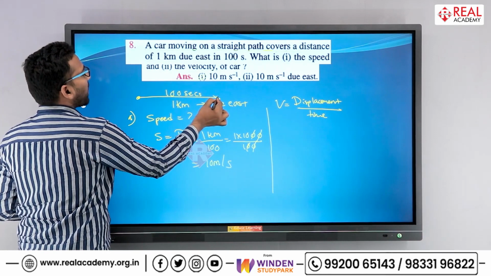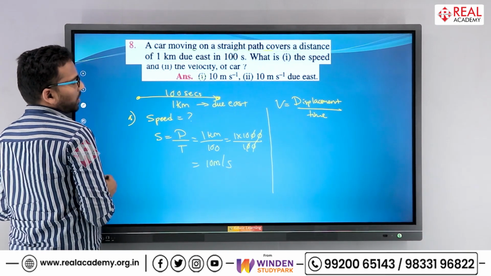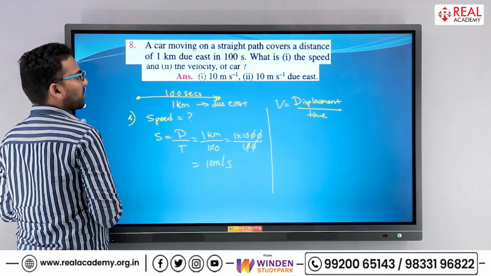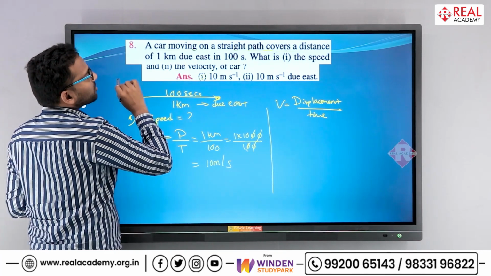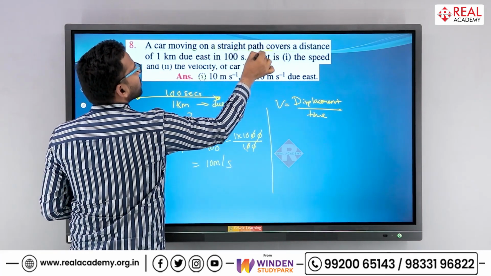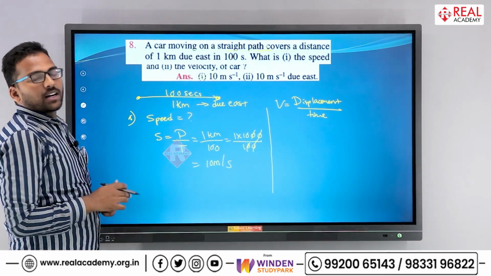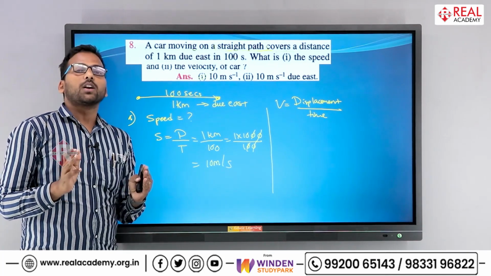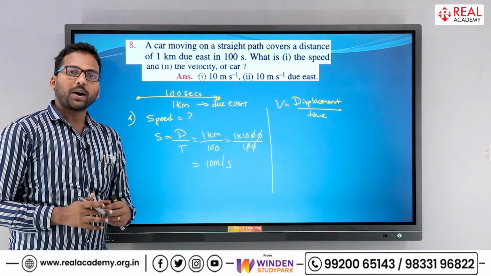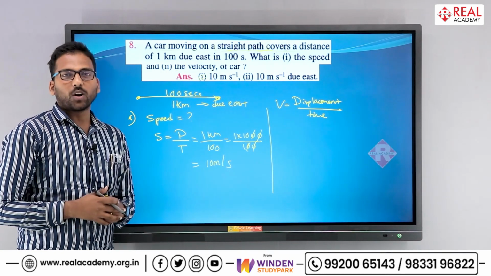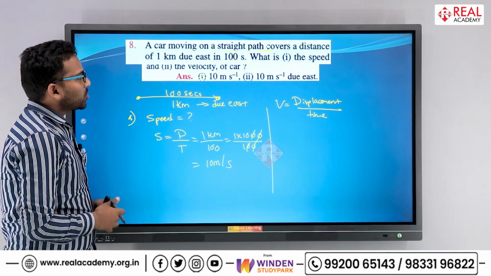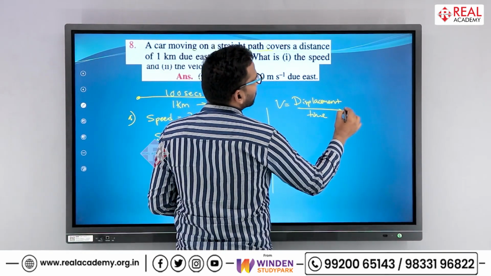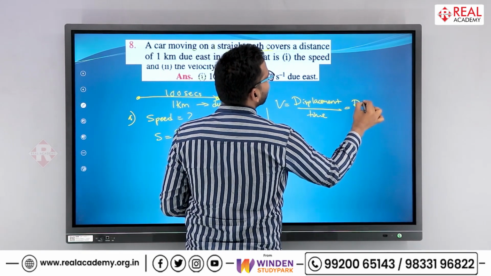So initial and final position are different. And it is moving in a straight path. For straight path, displacement is equal to distance.